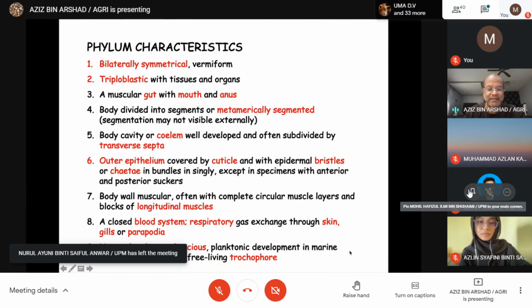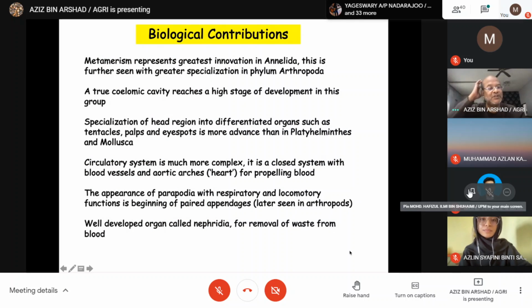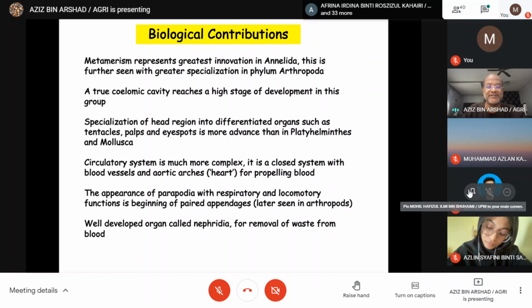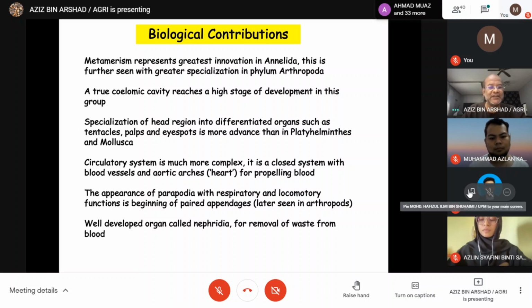Okay, you can mark in any file that you can remember for your revision. The topic, in terms of biological contribution: metamerism is something new in invertebrates, and it can only be seen in Annelida, and later on in a higher invertebrate group, the arthropods, or Arthropoda.